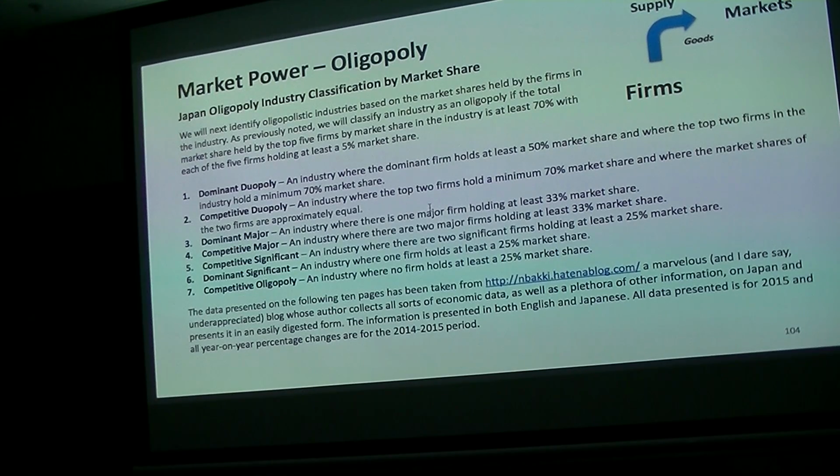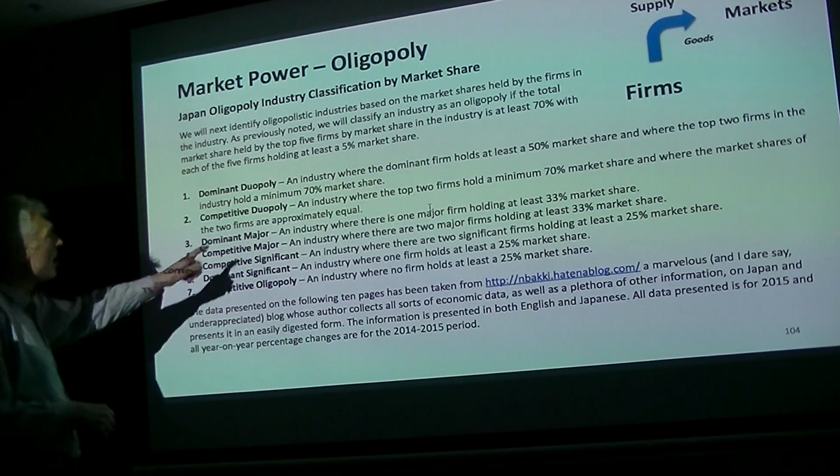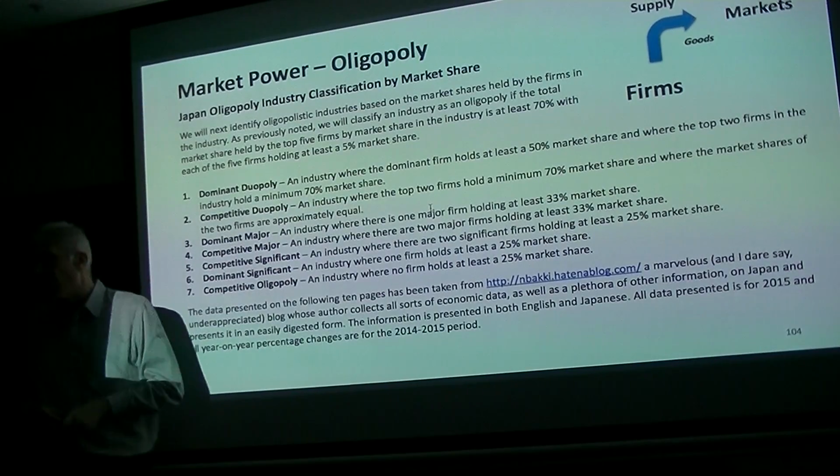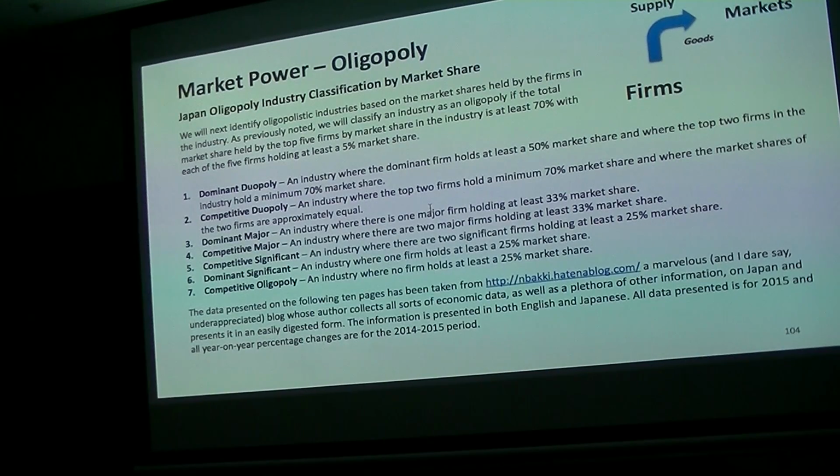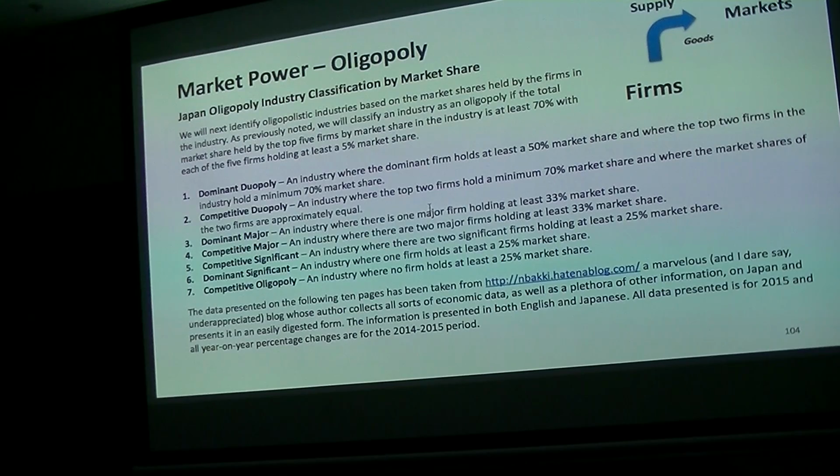If a firm has more than 50% market share and there's a minimum 70% market share, the other firms can't have a very high market share. So you could have a duopoly or a very small number of firms. In a dominant duopoly, the dominant firm holds at least a 50% market share, and the top 2 firms hold a minimum 70% market share. There may be other firms in the market, but only 2 firms really matter.